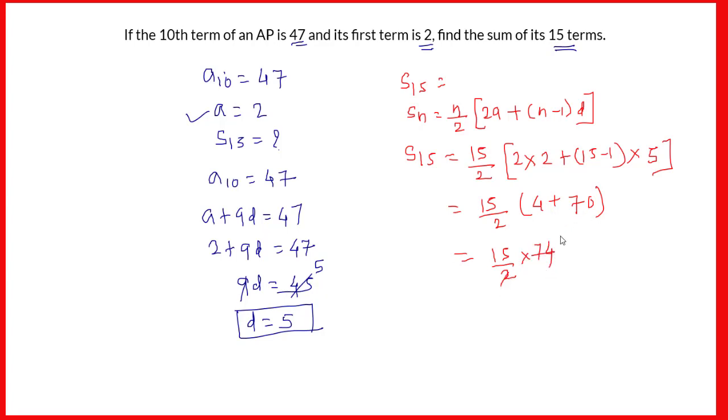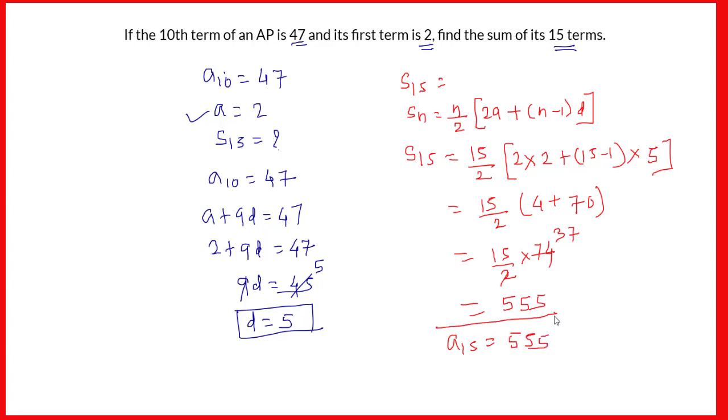So 2 1s are 2, 2 3s are 6, and 2 7s are 14, so it will be 37. So 15 into 37 is equal to 555. And so we get S15 is equal to 555.